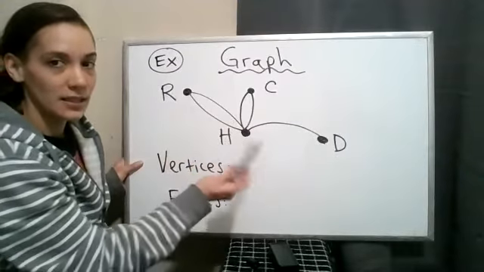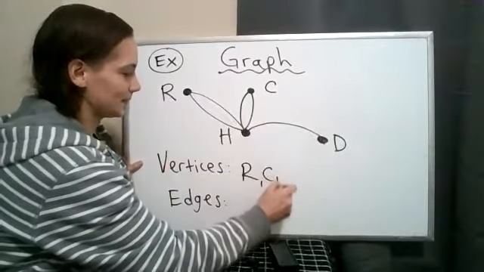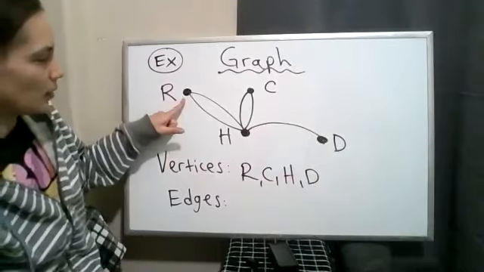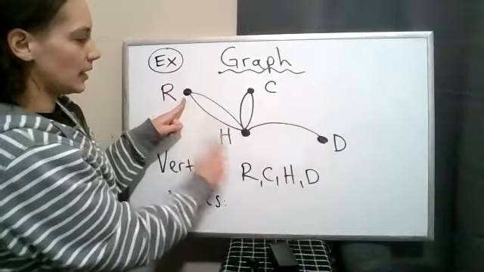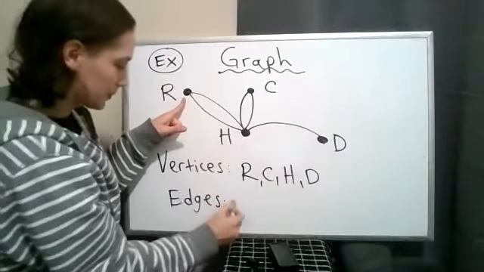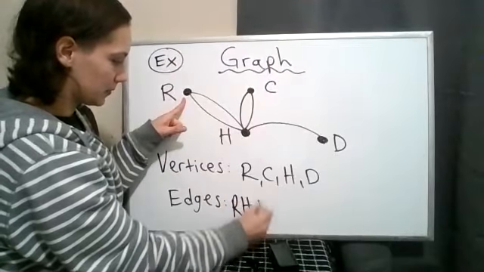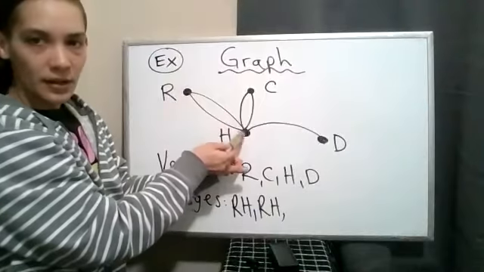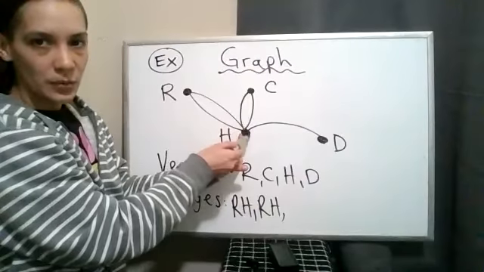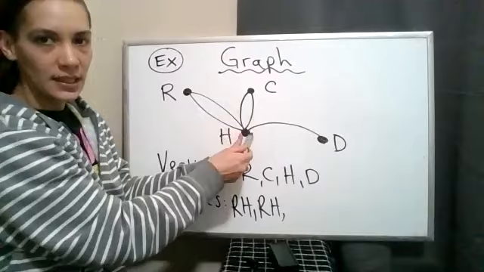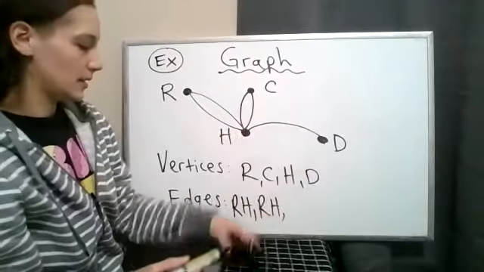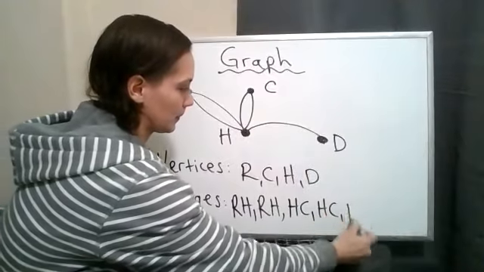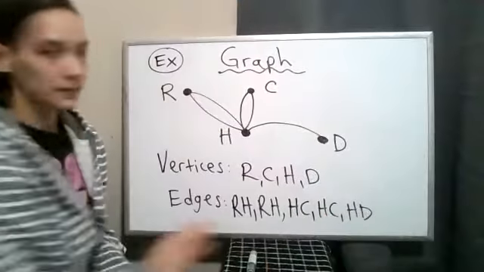So R, C, H, D. And then let's go this way with RH, RH. See, so we've gotten those multiple edges. Let's do HC, HC, HD. And we're good.